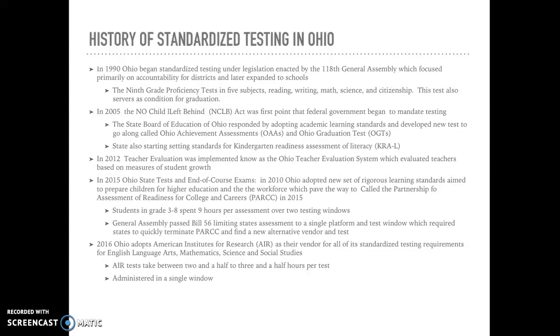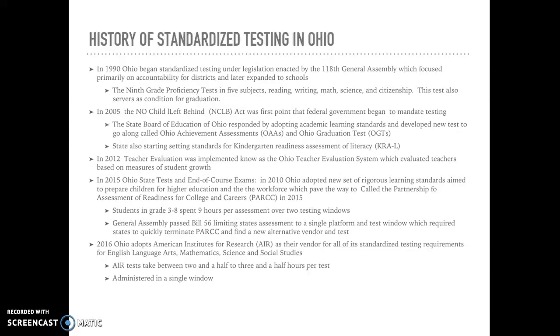This didn't go over very well, and then the General Assembly passed Bill 56, limiting state assessment to a single platform and test window, which required the state of Ohio to quickly terminate PARCC, the Partnership for Assessment of Readiness for College and Careers, and they had to find alternative vendors and testing materials.